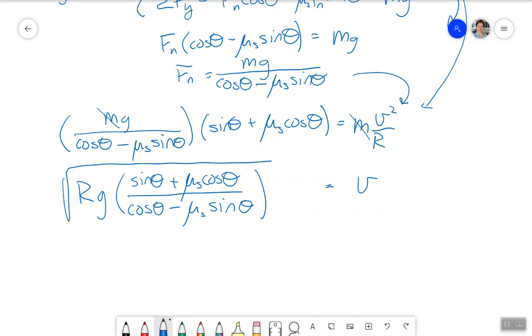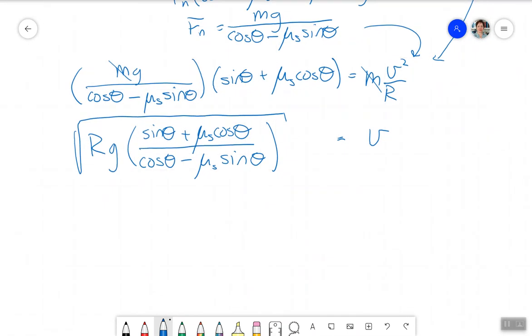It's important to notice that where we had sine over cosine before, now we have sine plus something divided by cosine minus something. So we've added something to the numerator and subtracted something from the denominator. So this is indeed a bigger number. This is V max.